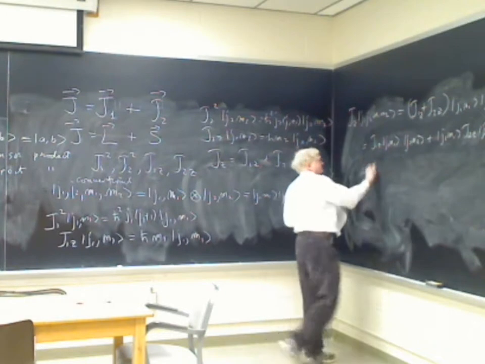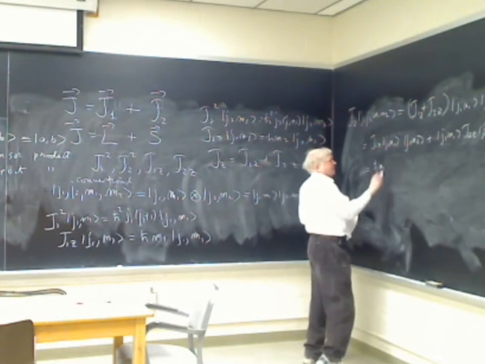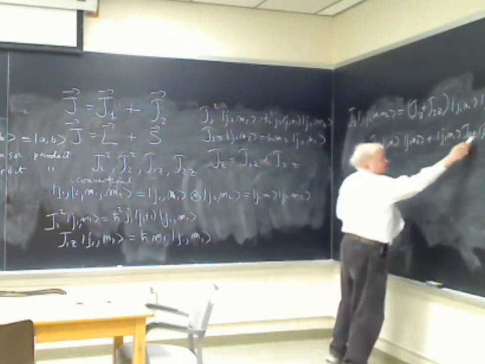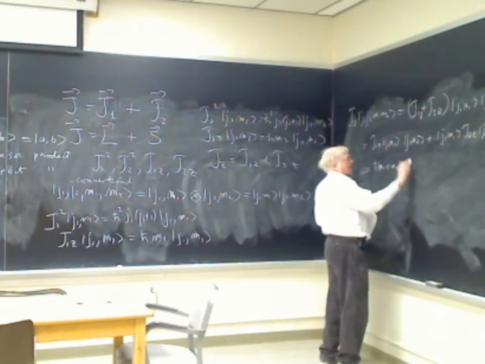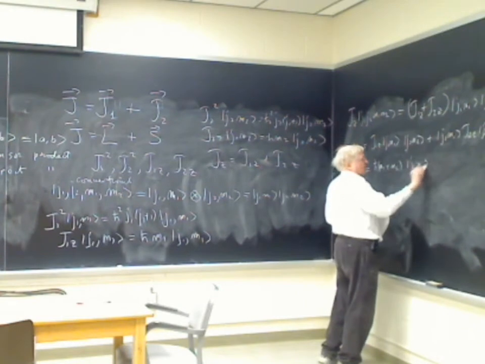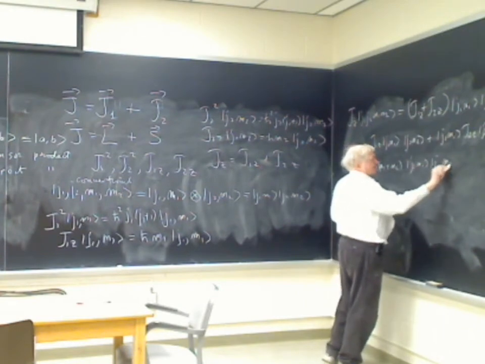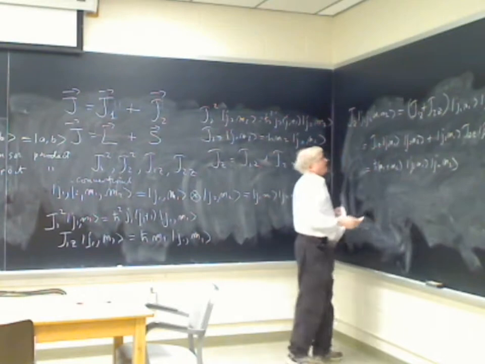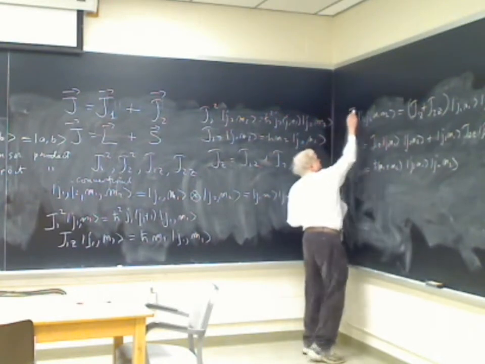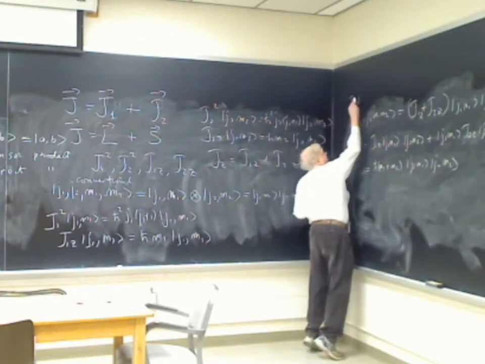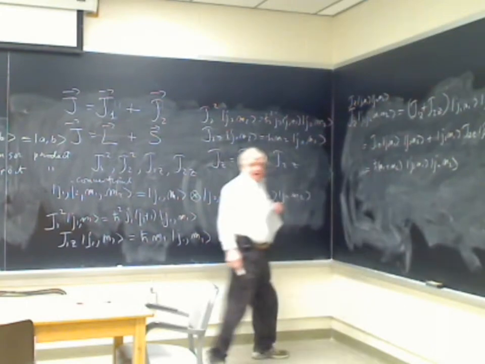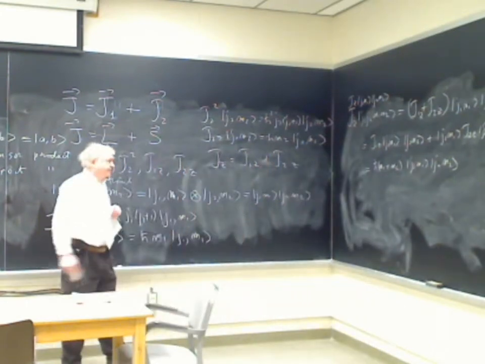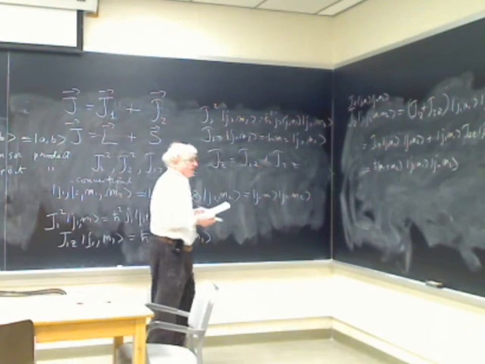And this, of course, is ħ M1, and this one ħ M2, on |J1 M1⟩|J2 M2⟩. So, in other words, this thing is the same thing as Jz on |J1 M1 J2 M2⟩. All right, is that clear? So that's how the direct product notation works.